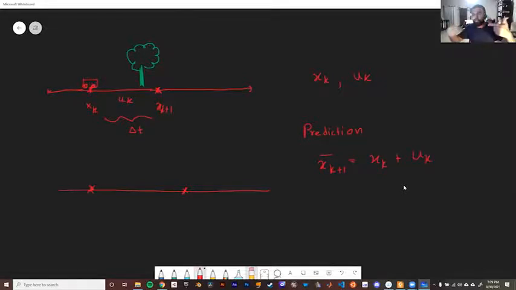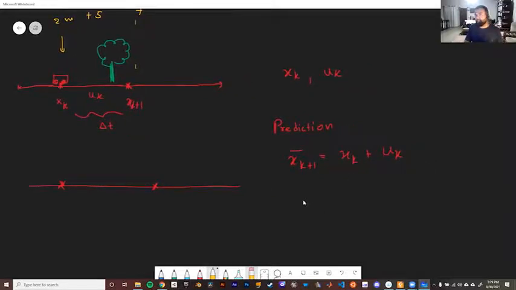Imagine the encoder is telling me, I'll just put values here to make it easy, imagine I was at 2 meters, and then the encoder says that I have moved 5 meters. So my xk plus 1 is going to be 7 meters. So very simply, your prediction is: I was at 2 meters, my encoder said 5 meters, and my answer is 7 meters.